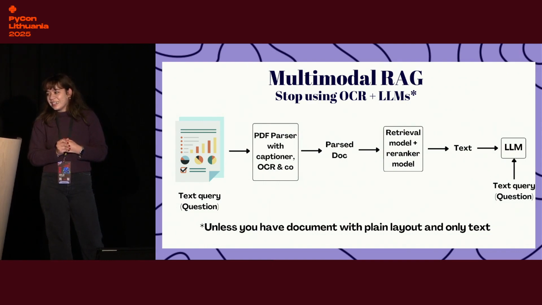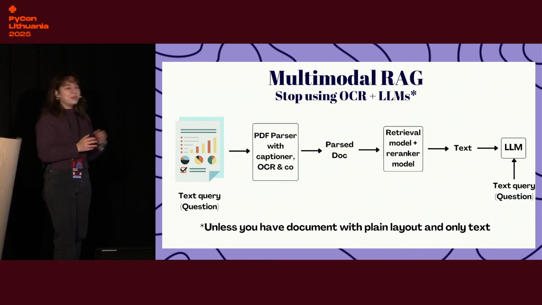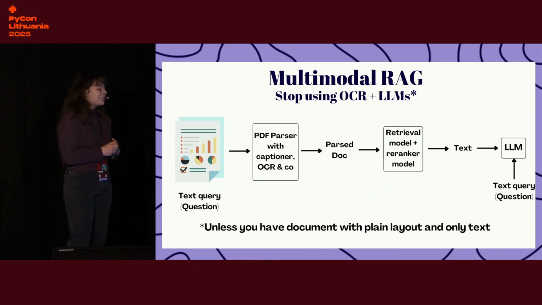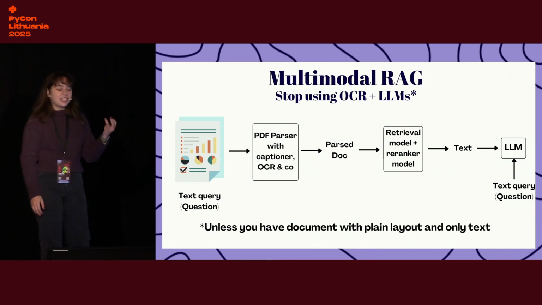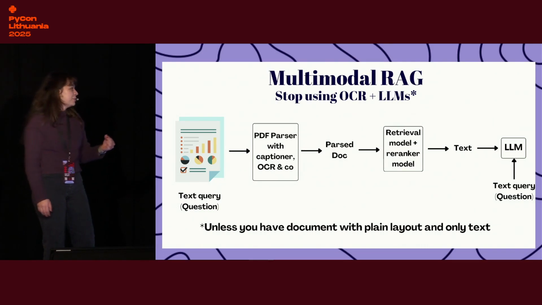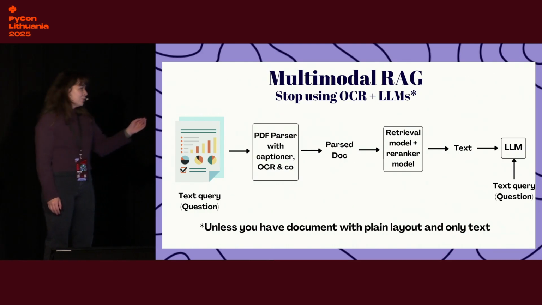So there's a better way, in my opinion, and I'm a bit opinionated. So normally you do this, but the issue is, if you have a lot of infographics, charts, images in your documents, tables, it's very hard to do this because this pipeline is firstly brittle, and secondly it requires more compute than it should.